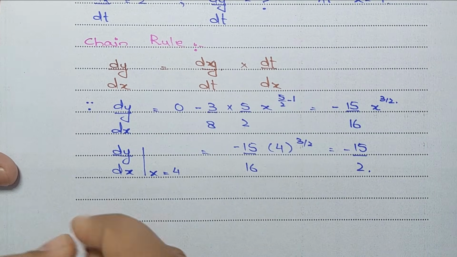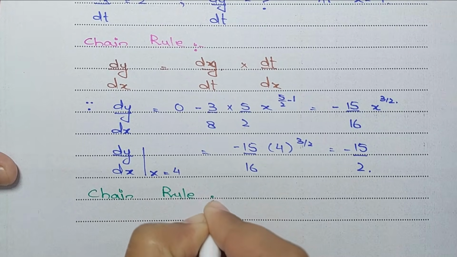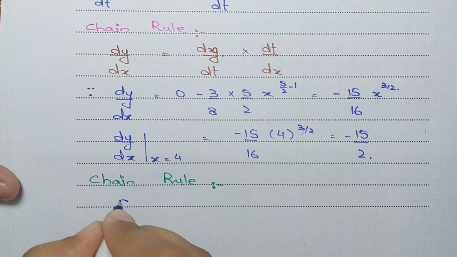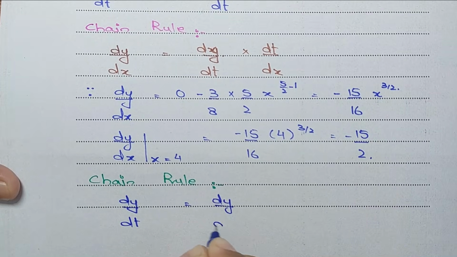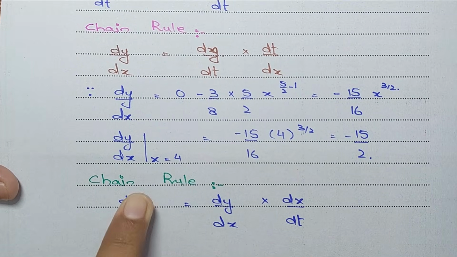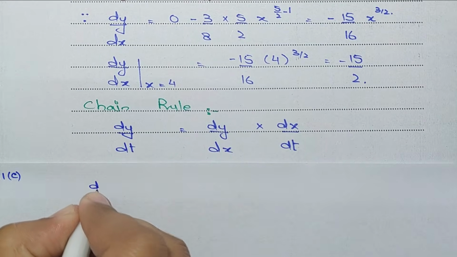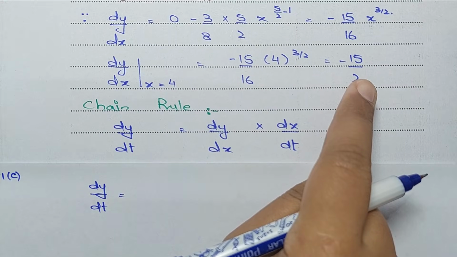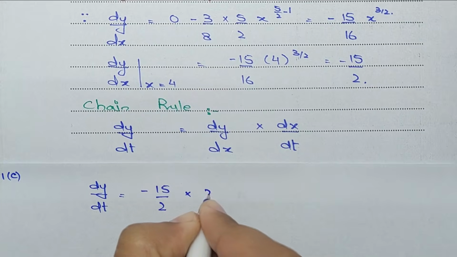Now here we apply the chain rule. For the chain rule, we need to figure out dy over dt. So the chain rule of dy over dt is dy over dx multiplied by dx over dt, right? Now we have everything. dy over dt is dy over dx, which is minus 15 over 2, and dx over dt is just 2, right?